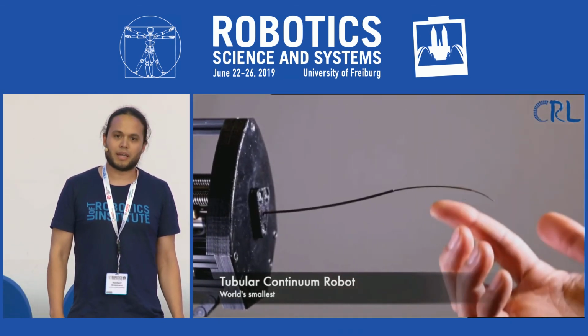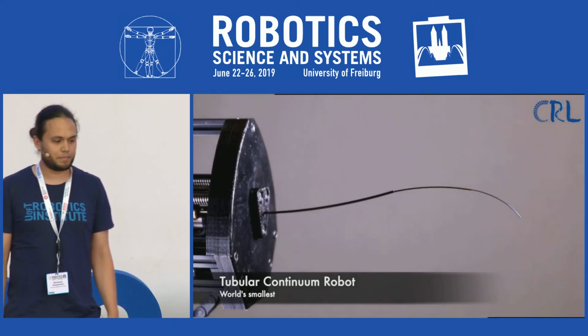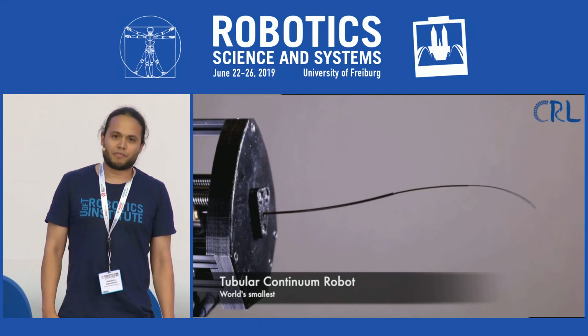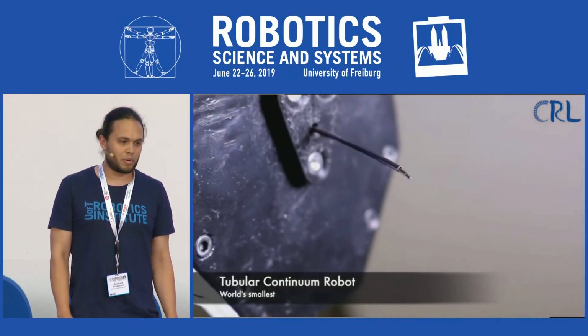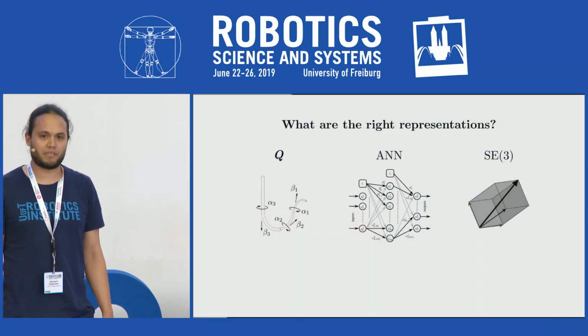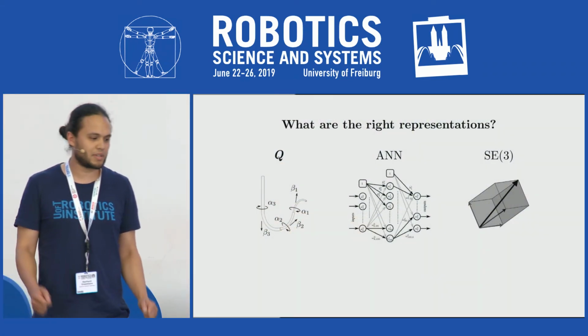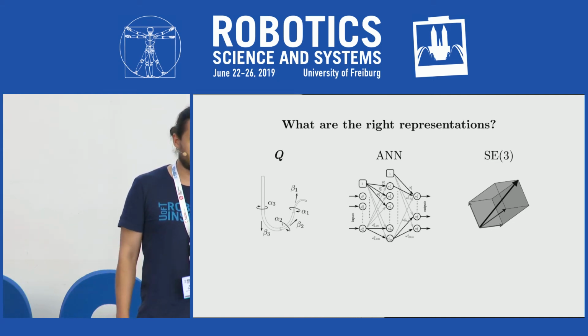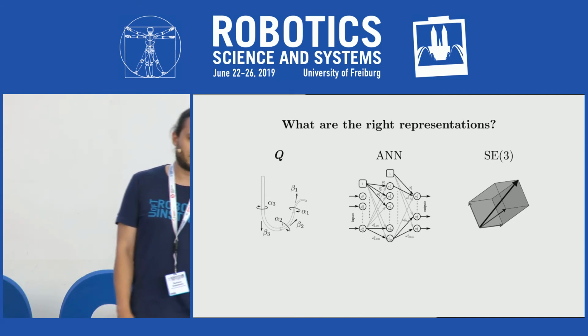Furthermore, you can achieve tentacle-like motion. As you can imagine from this video, the forward kinematics of such a robot is characterized by highly nonlinear behavior and interaction between the tubes. So our question is, what are the right or good representations for the artificial neural network?